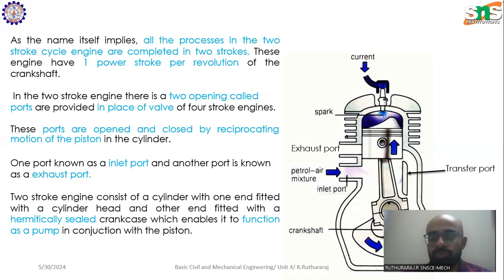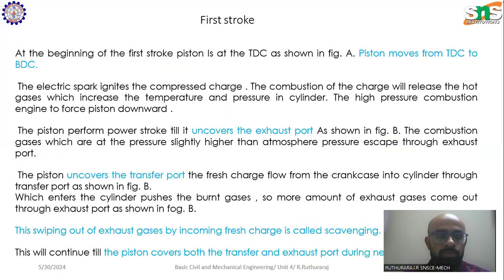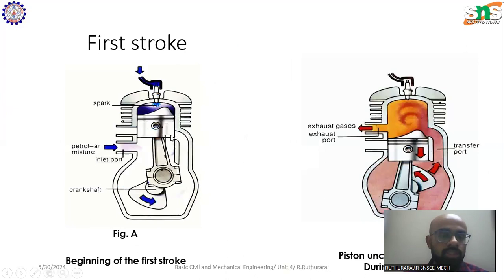In a four-stroke engine, only the combustion chamber was hermetically sealed. But if you take a two-stroke engine, I will show you a clear idea in this image. The entire part, that is the piston, connecting rod, and crankshaft, will be hermetically sealed.